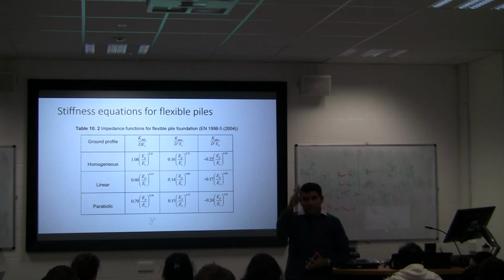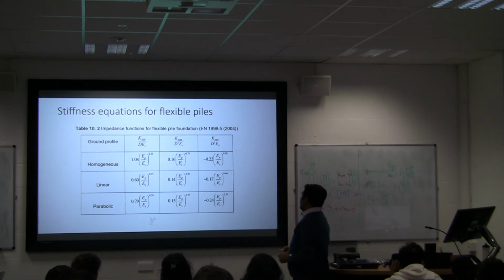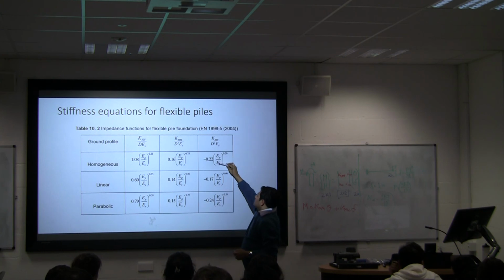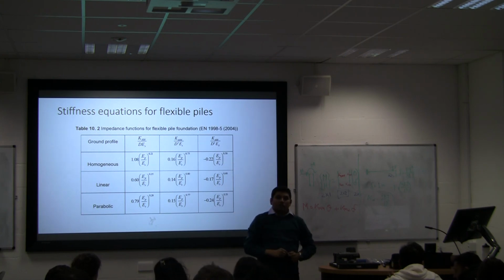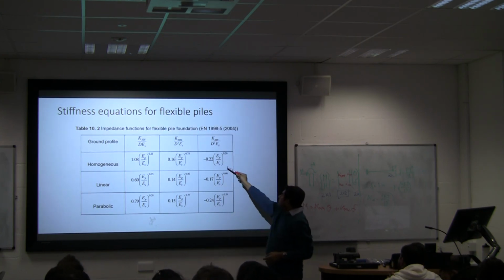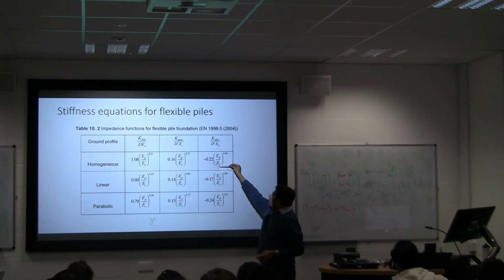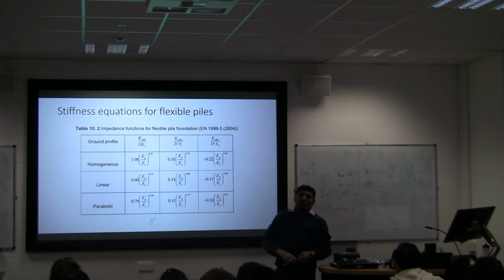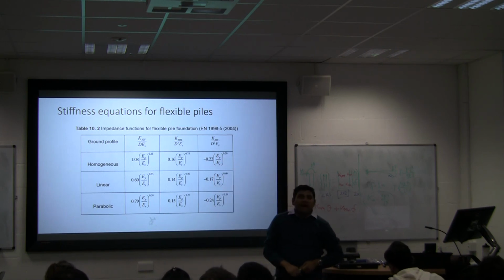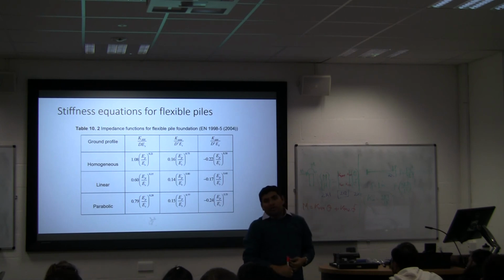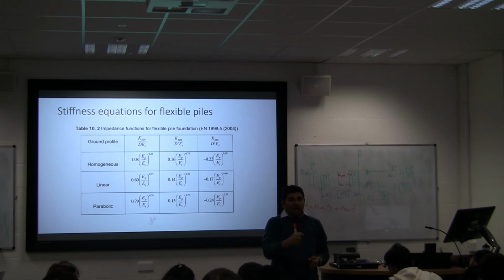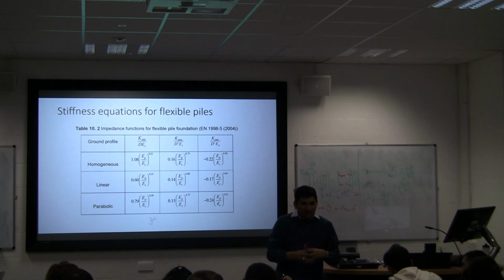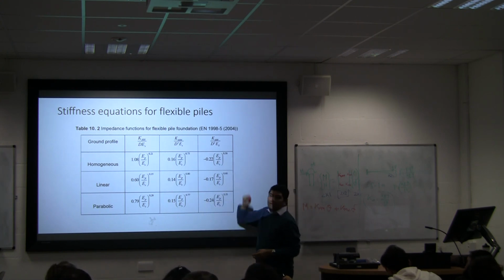What's EPADS? They are the pile soil stiffness ratio. This ratio will tell you how stiff the pile is compared to the soil. That means if a pile is in soft clay, soft soil, this will be a very high number.